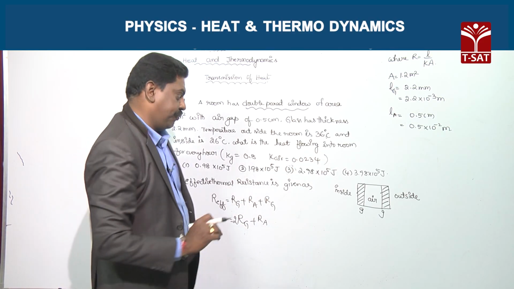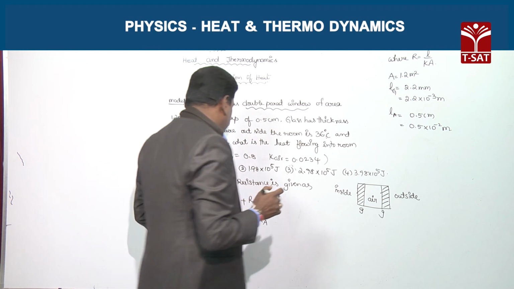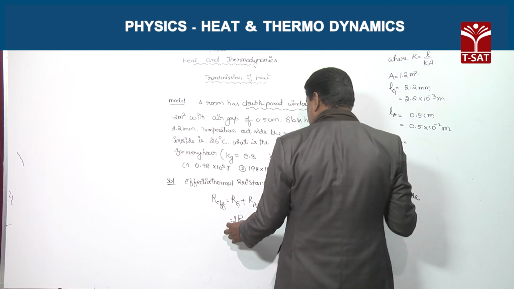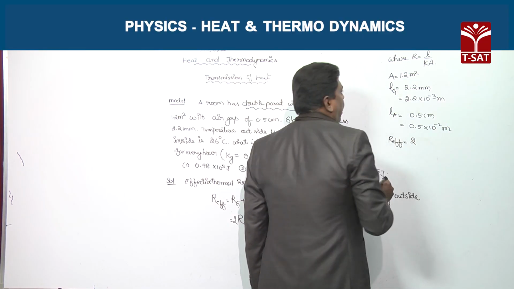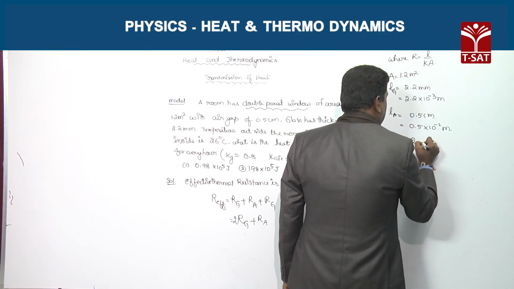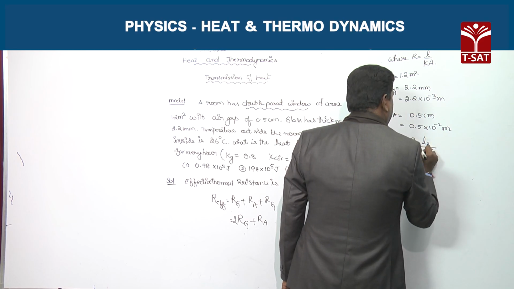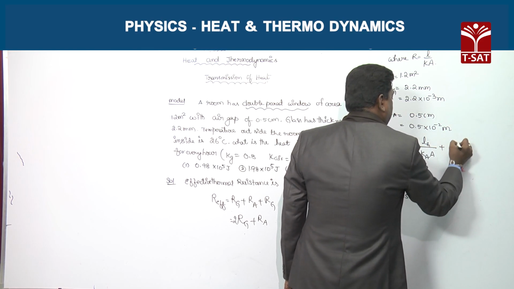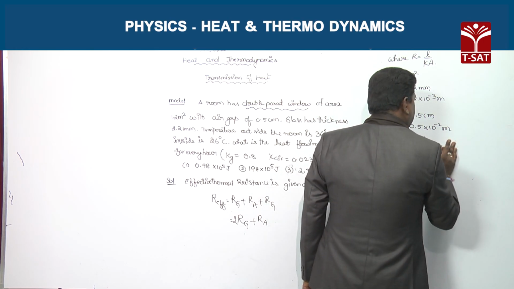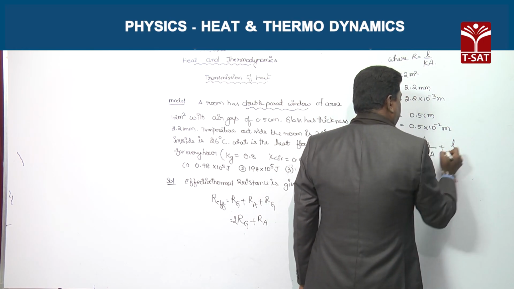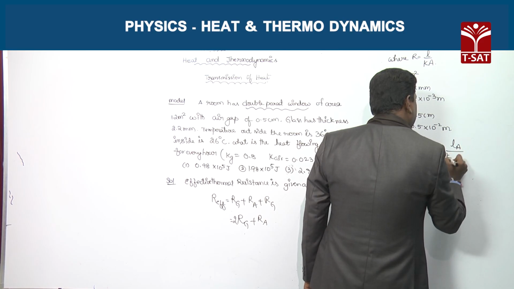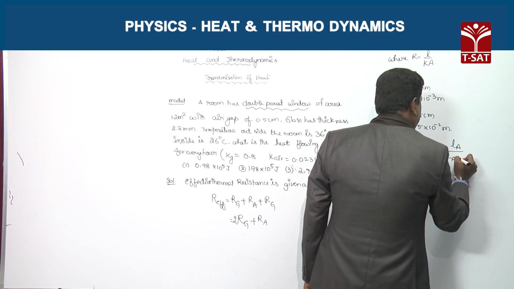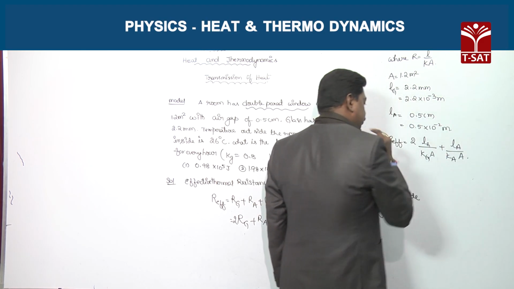Now substituting the values, R effective equals 2 into Rg, where Rg is given as Lg by Kg into area, plus L air by K air into area of cross section.